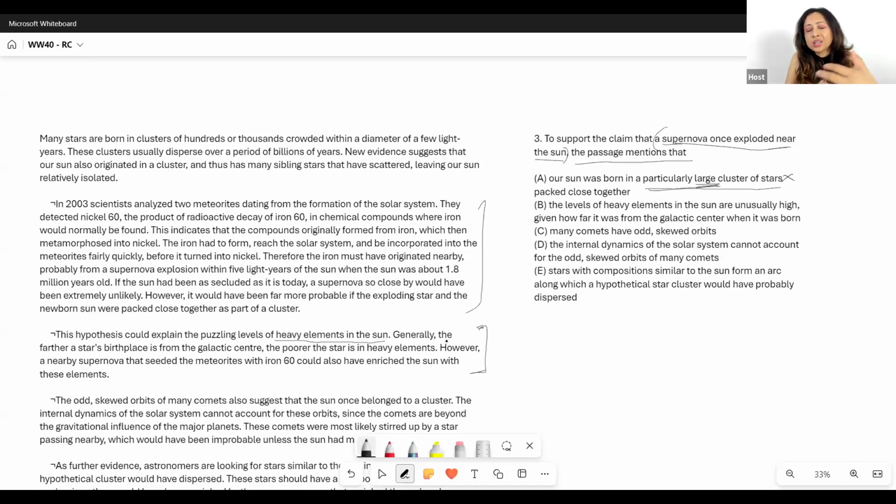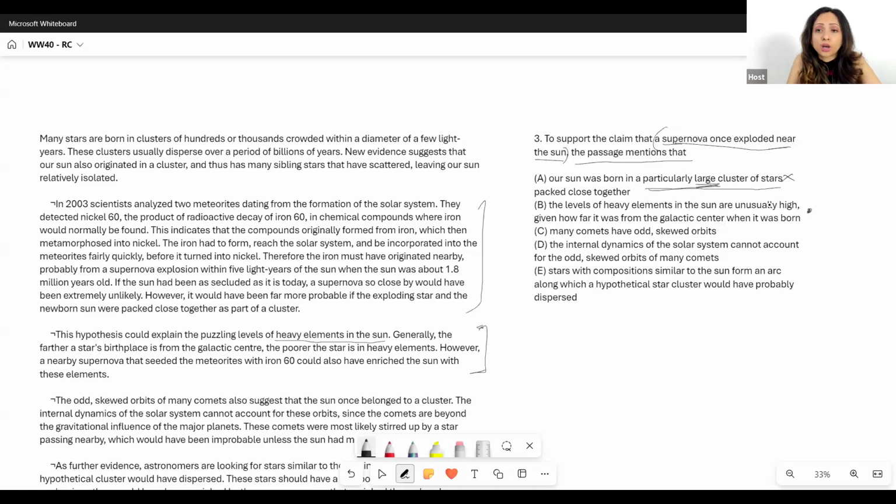So, based on what we see, this particular data is supporting our hypothesis, it is supporting our claim that a supernova happened close by, right? The fact that the sun has heavy elements which are unexpected based on how far it is from the galactic center is supporting that a supernova happened close by, right? So this certainly makes sense. So let's just hold on to it.